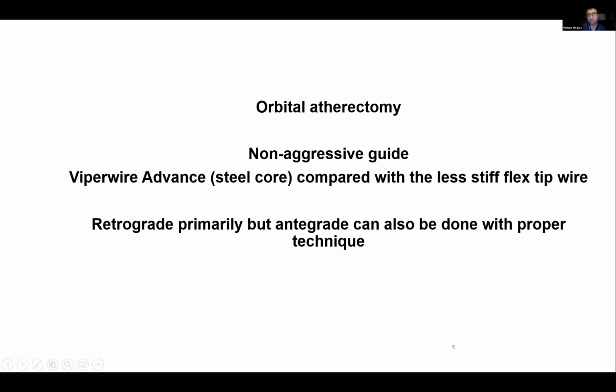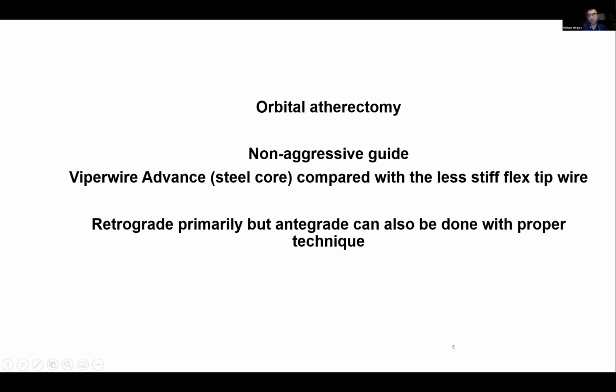Usually the most common approach, and I was also a big fan of that, is retrograde orbital atherectomy, which is advancing the crown, then rotating and pulling back. The main idea was to avoid any problems or injury to the aorta going in with the orbital crown.